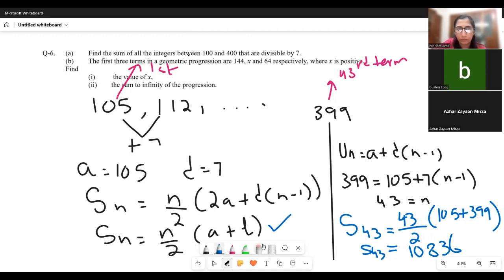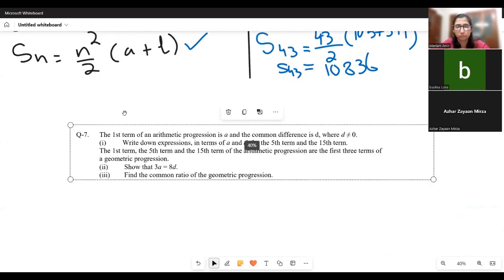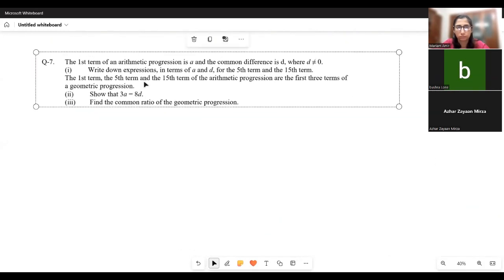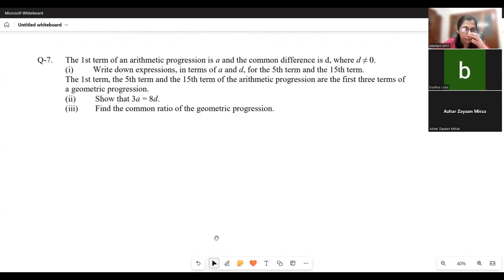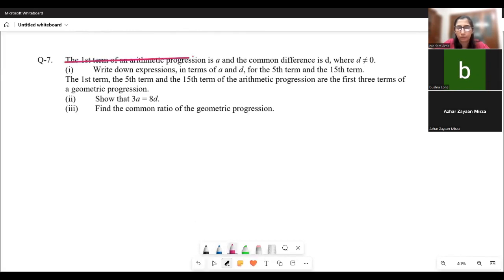All right, let's do 7. First term of an arithmetic progression is A and the common difference is D. Write down an expression in terms of A and D for the 5th term and the 15th term.